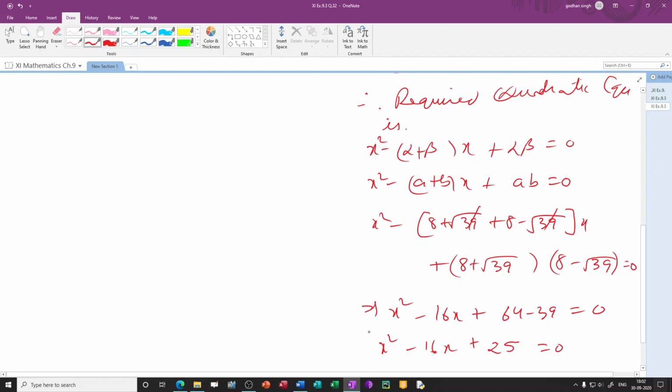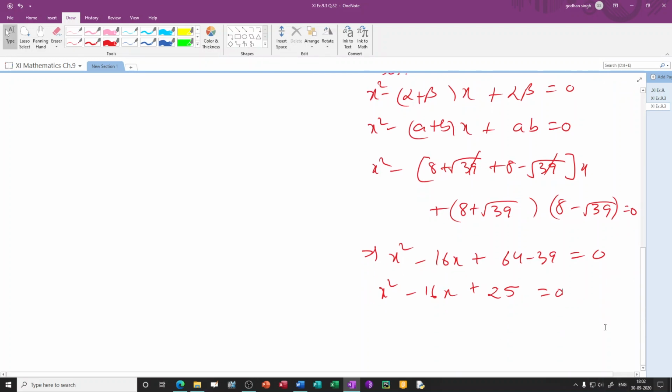So the required quadratic equation is x square minus 16x plus 25 equal to 0. So this is our required quadratic equation, and with this the exercise is also complete.